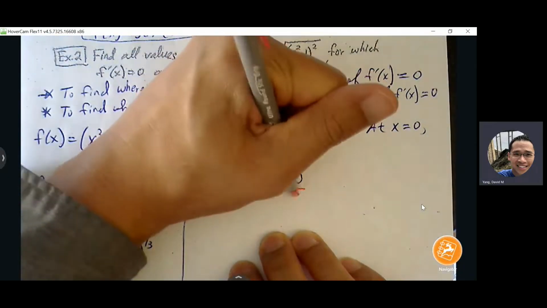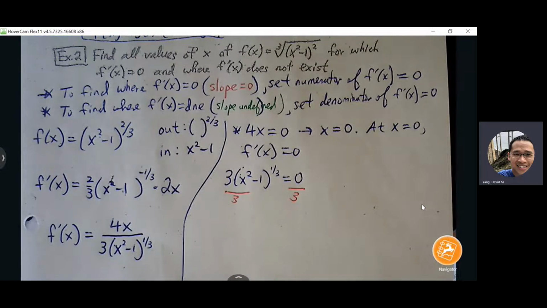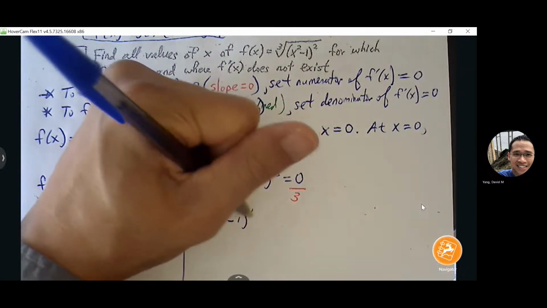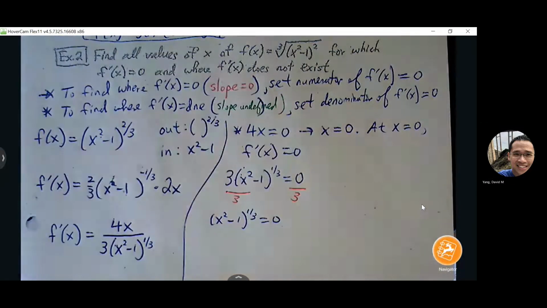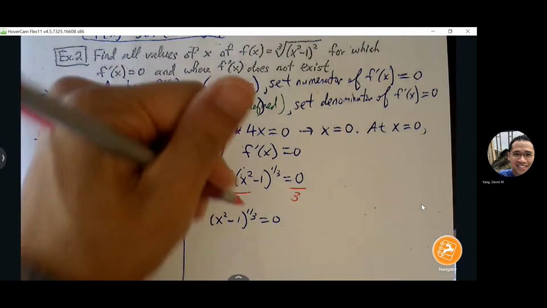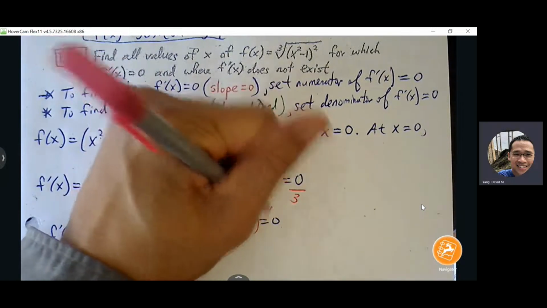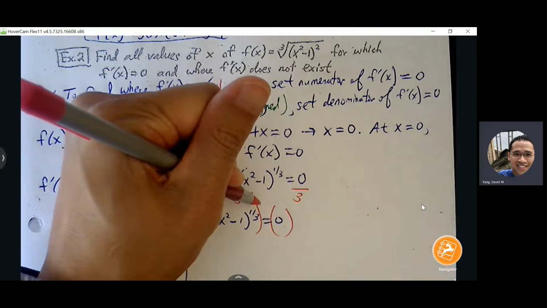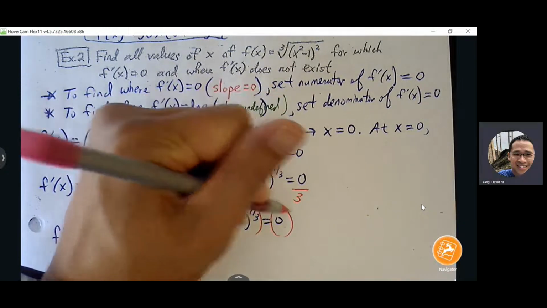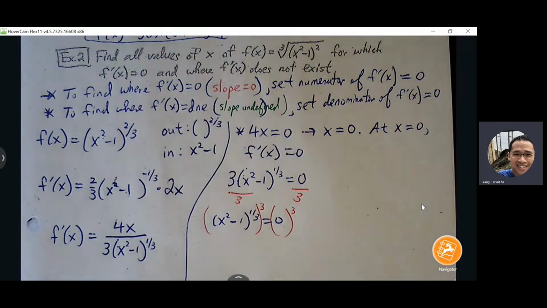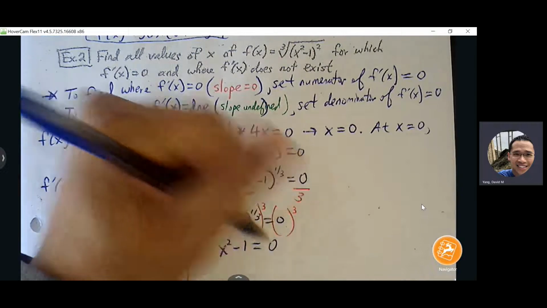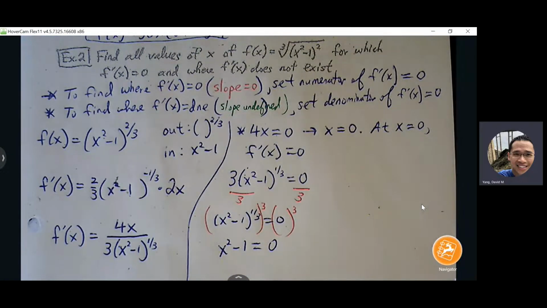We're just wanting to move things away from that x piece by piece. Okay, next up. What can I do to get rid of that 1/3? Raise both sides to what? 1/3. That's going to force that 3 and 1/3 to become 1, which will allow us to just work inside the parentheses there. And x squared minus 1 equals 0.